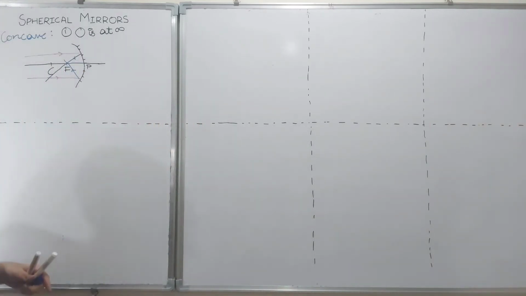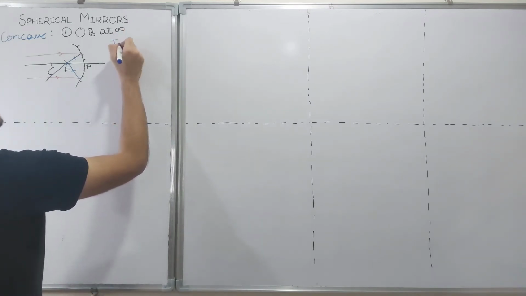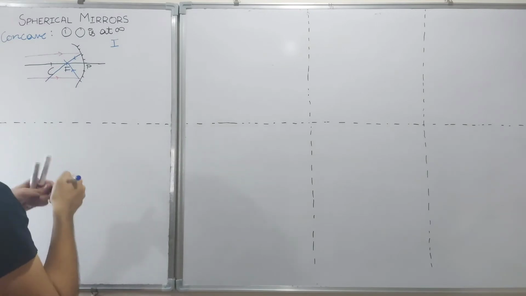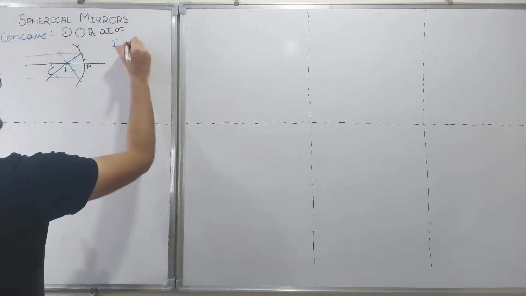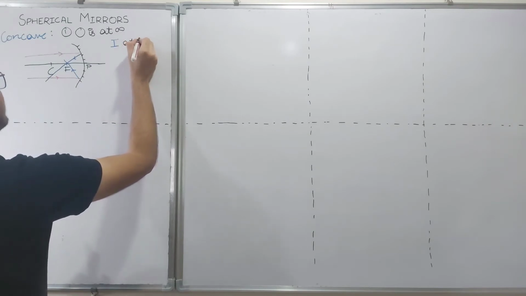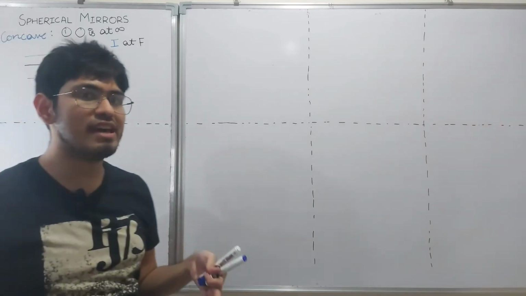Means where are we getting the image? The image that we are getting is at focus. First point, we can write that the image is at focus. Second point, the size of the image.